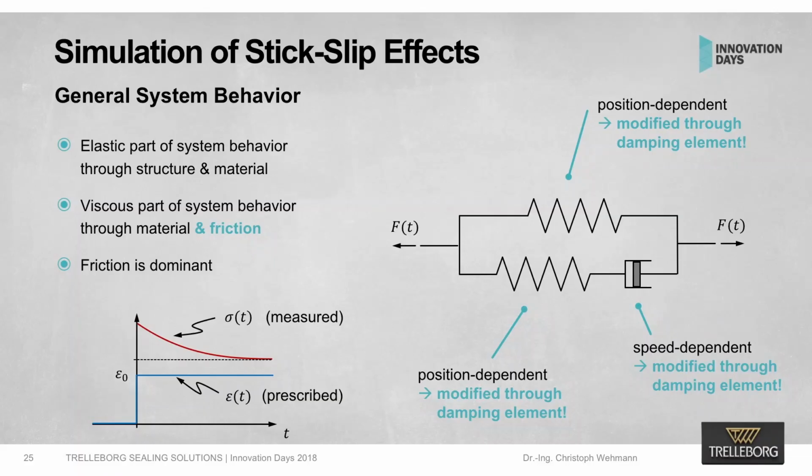So the damping element changes the behavior of this dashpot, and in the end it changes the parameters of the springs, which means it does not only change the damping behavior, it also, for example, changes the relation of the axial stiffness to the radial stiffness.